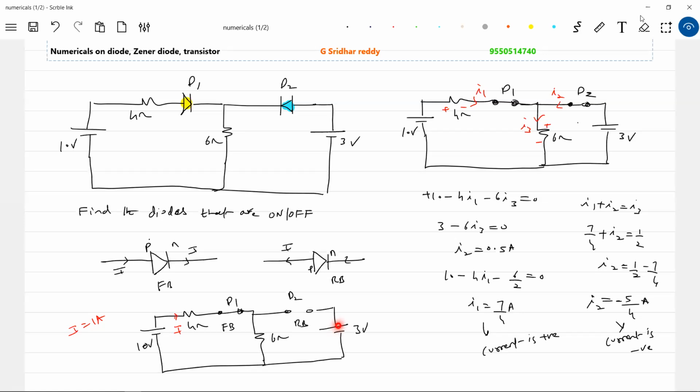It is as good as this battery is not in the picture; it will not have any role. The current will flow, in fact this will be forward biased. So this is reverse biased in the sense that no current will flow in this region.